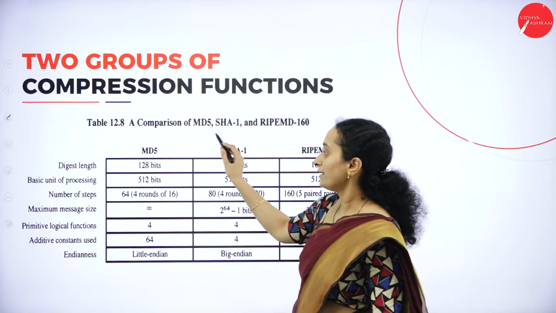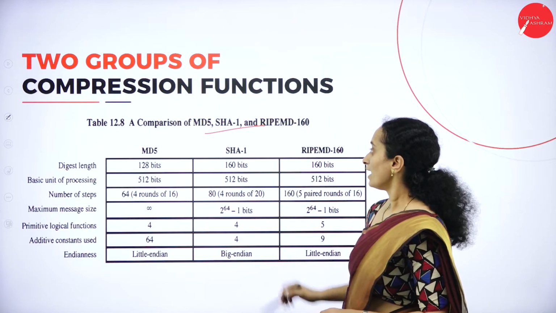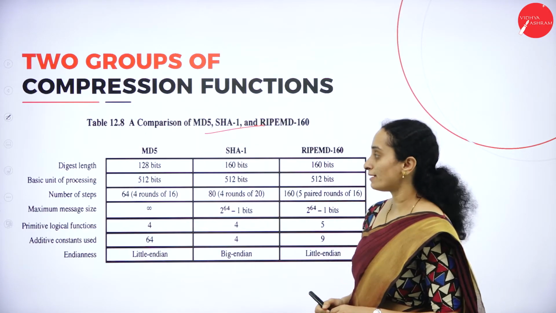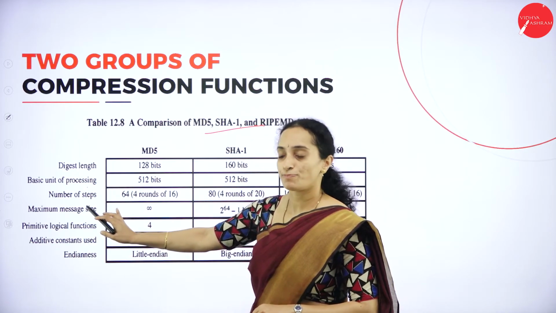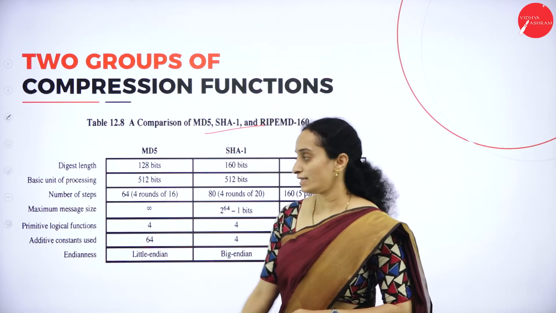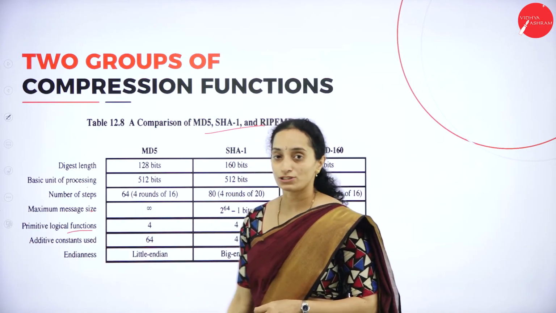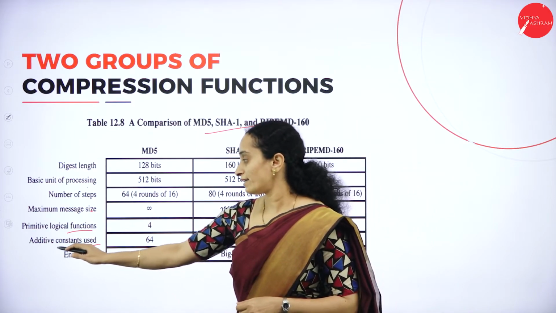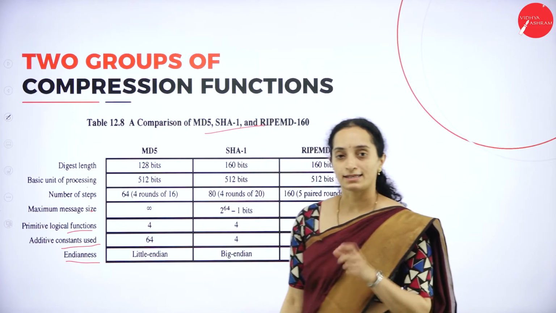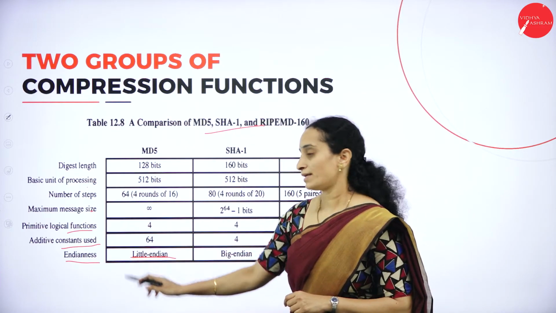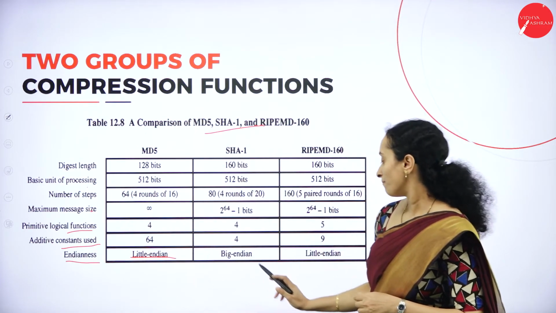Now we compare the SHA, MD5 and RIPE-MD algorithms with respect to digest length, the basic unit of processing, number of steps we need, maximum message size one can get, primitive logical functions we use, additive constants that are used, and the endianness, that is the method we use to represent the bits, whether it is little endian or big endian.